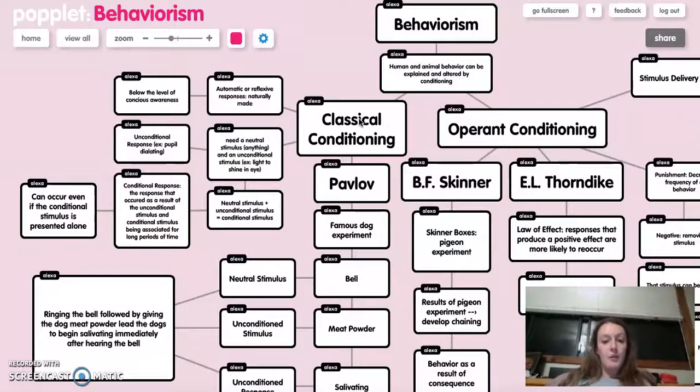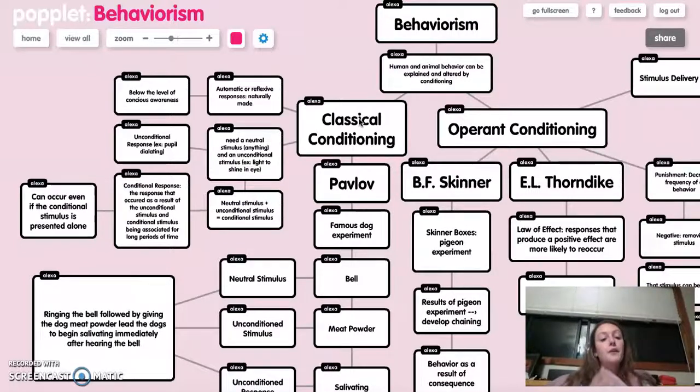So, in order for classical conditioning to work, you need a neutral stimulus, which can be anything, and you need an unconditional stimulus. An example of that would be like a light. If you were going to shine a light in your eye to make your pupils contract, that would be an example of an unconditional stimulus.